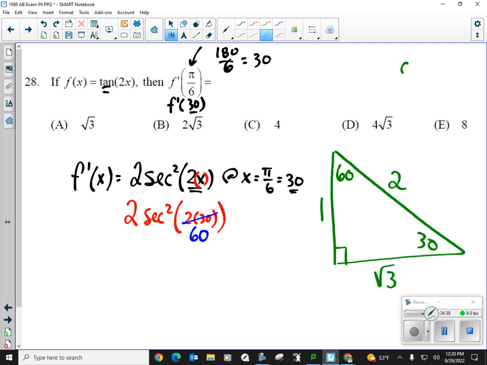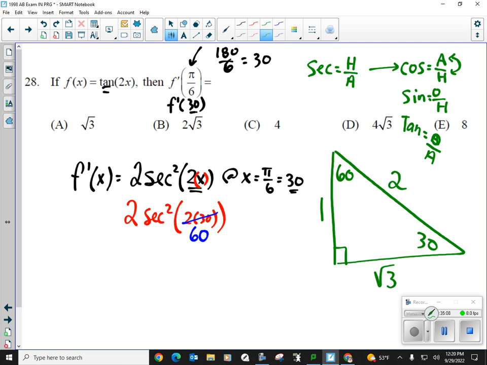We know cosine, that's adjacent over hypotenuse. We know sine, that's opposite over hypotenuse. We even know tangent, that's, excuse me, opposite over adjacent. Secant is the inverse of this. So secant is hypotenuse over adjacent.